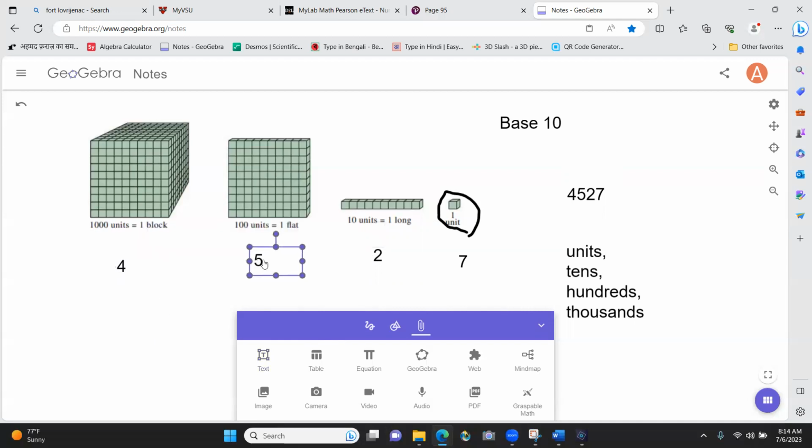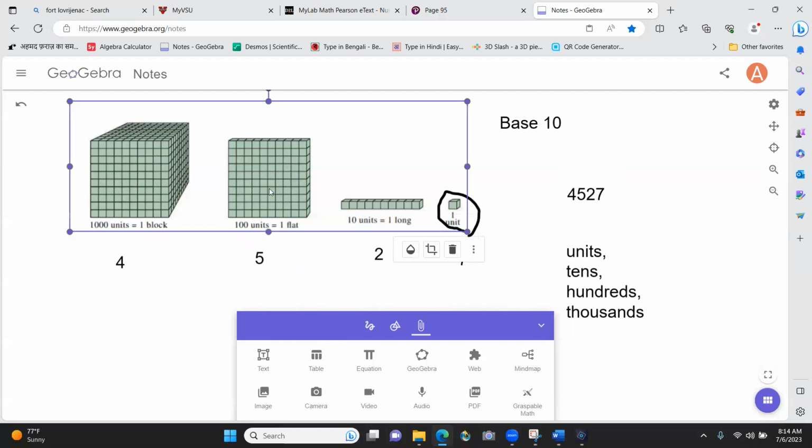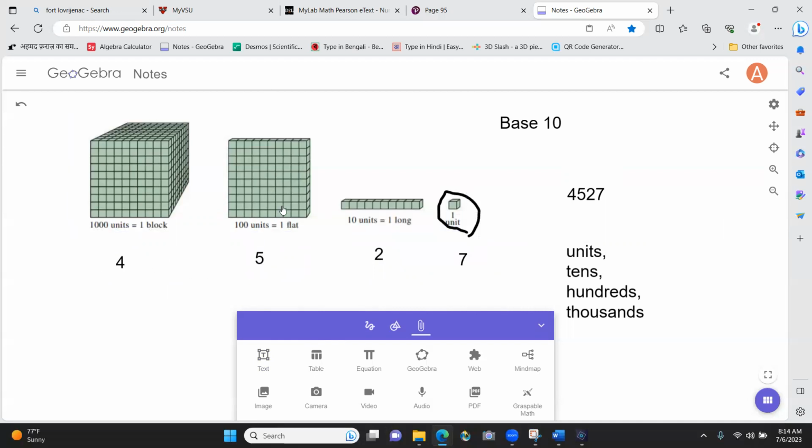Now, you don't have to say it that way. Basically, what we are saying is we have 7 ones, 2 copies of 10-unit sticks, 5 copies of 100-unit slabs. This has 100 units, the third one from the right. And the last one, I have a block of 1,000 units. I have 4 of those.